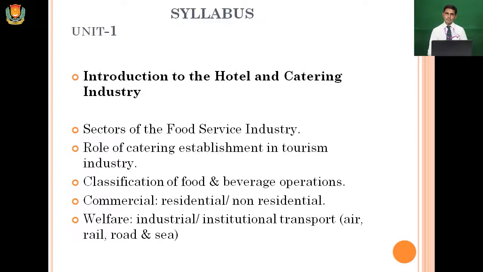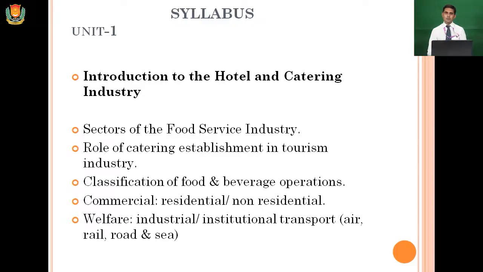Now the subtopics we are going to cover: sectors of the food service industry. What types of sectors come under the food service industry? The second subtopic is the role of catering establishments in the tourism industry. What role are they going to play in the tourism industry? I will tell you about this deeply in this semester.